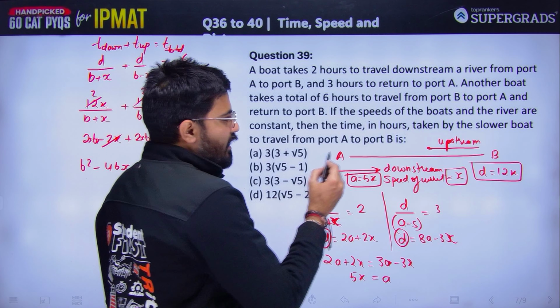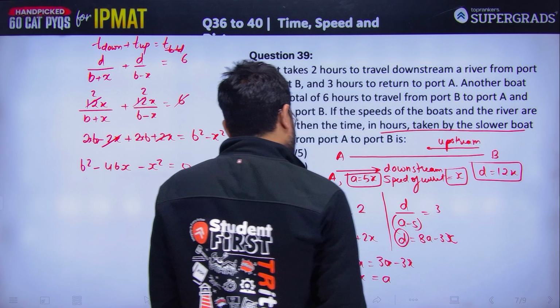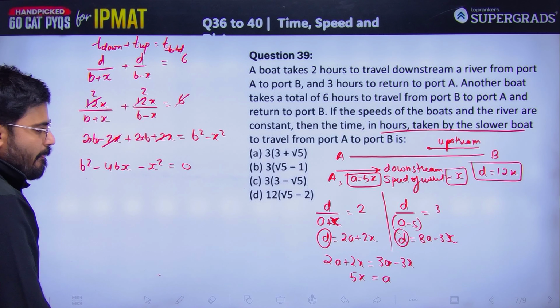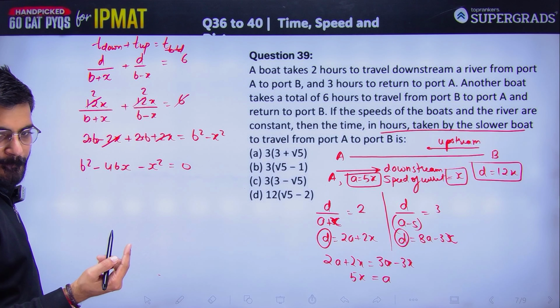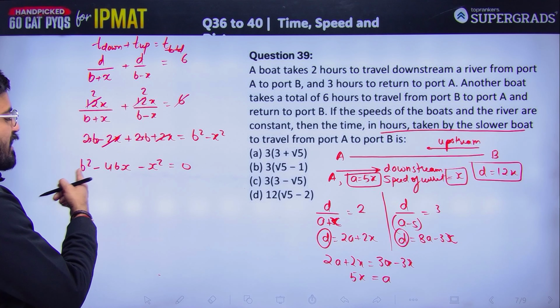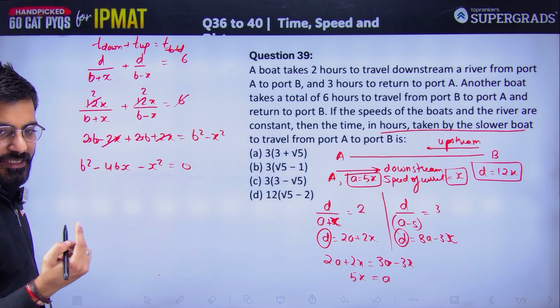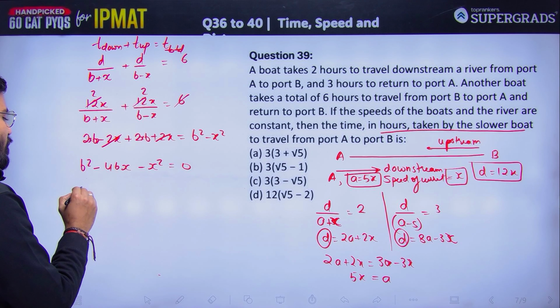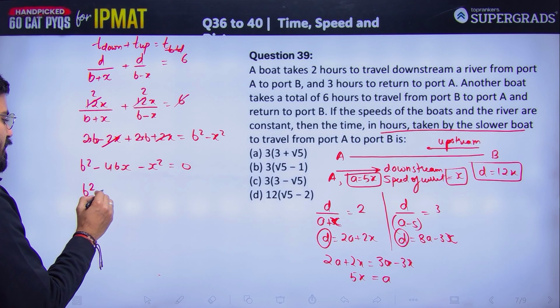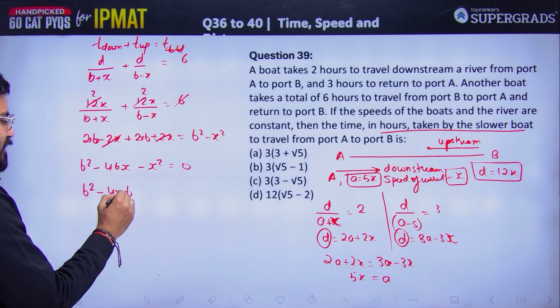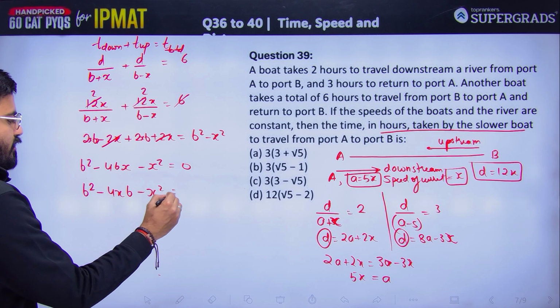The time taken in hours by the slower boat. स्लोअर बोट कौन सी? ऑब्वियसली b है, क्योंकि उसको टाइम ज्यादा लग रहा है. अगर b स्लोअर है तो मुझे b अगर x के टर्म्स में मिल जाए तो काम बन जाएगा. तो मैं इस क्वाड्रेटिक को b के फॉर्मेट में कन्वर्ट कर लेता हूं. b square minus 4xb minus x square is equal to 0.